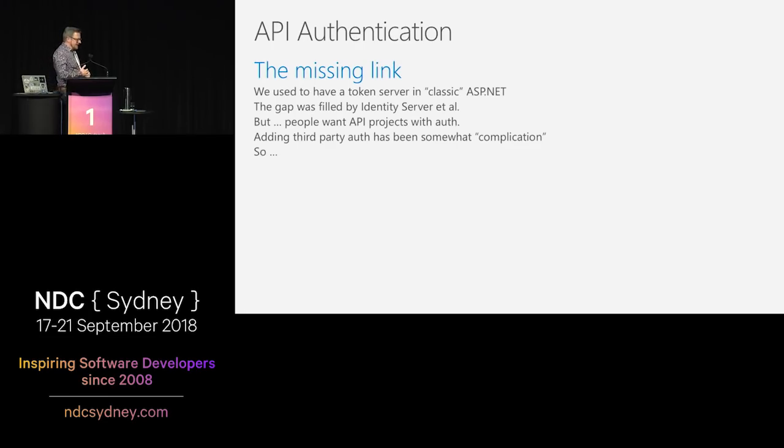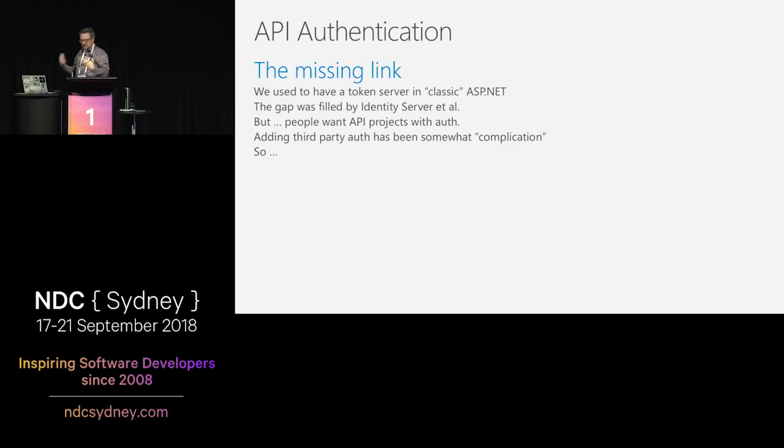And then there's API auth. So when we were back in classic ASP.NET, you could create an API project and say, I want to add individual authentication. And we had an authentication server built into previous versions of ASP.NET. And when we moved to Core, I didn't want to bother with writing an authentication server anymore. There are an awful lot of authentication servers out there that are much better than anything we could produce.